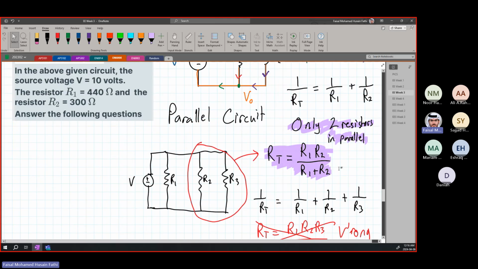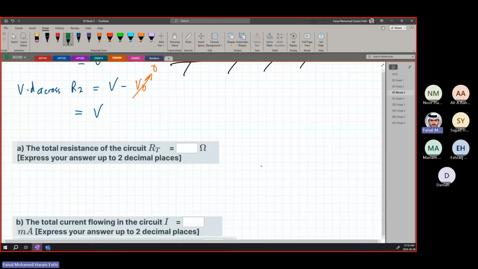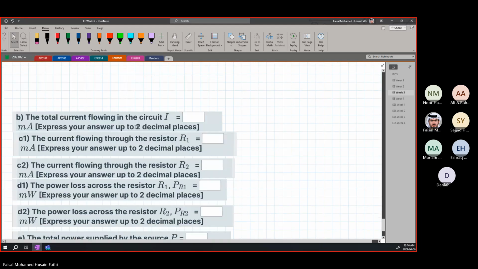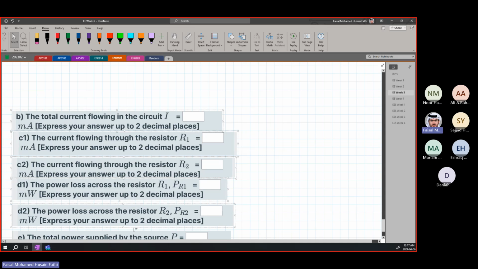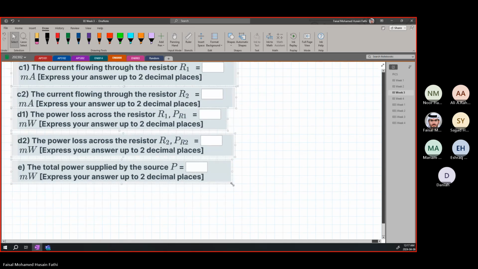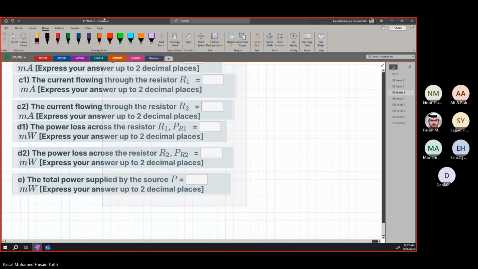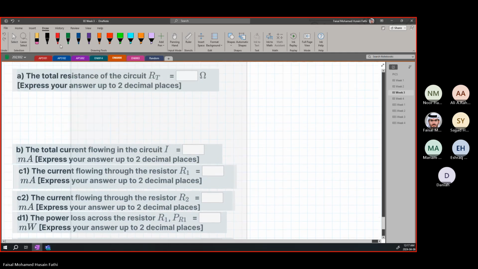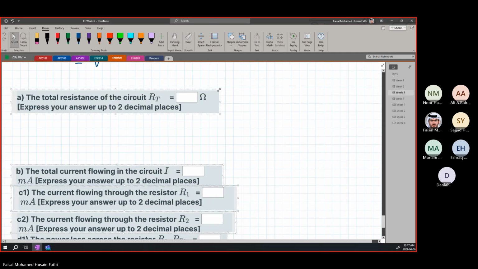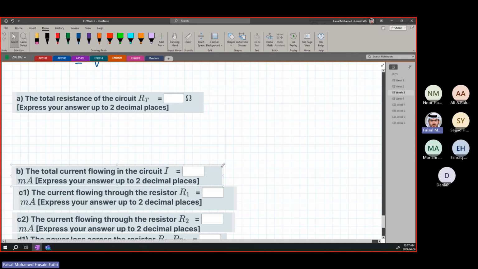What is the total resistance of the circuit? So simply we just use the formula RT. And then let me just redraw the circuit so it's a bit clearer. Let me make these a bit smaller.